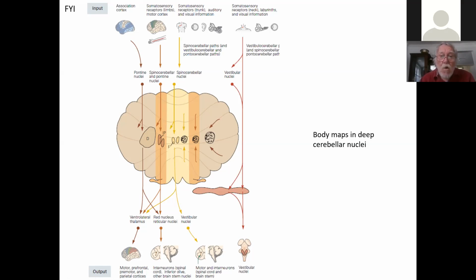Then we have another set of fibers that are coming in from somatosensory receptors in the neck, the labyrinths, and visual information.